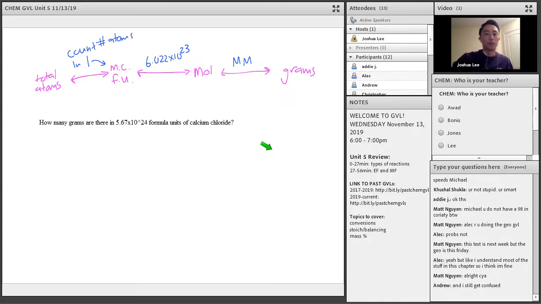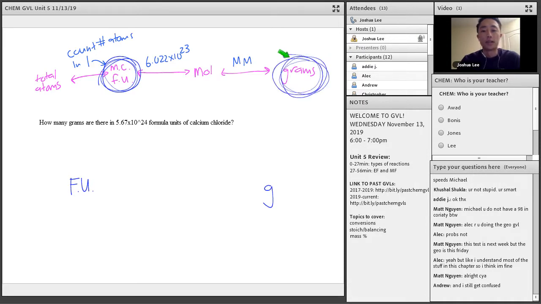So what I like to do is draw myself a roadmap. You think to yourself, okay, I'm starting at formula units, and I eventually want to get to grams. So then I'm basically starting from here, and I want to end up here.